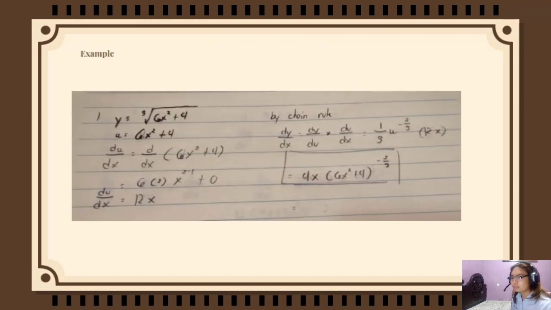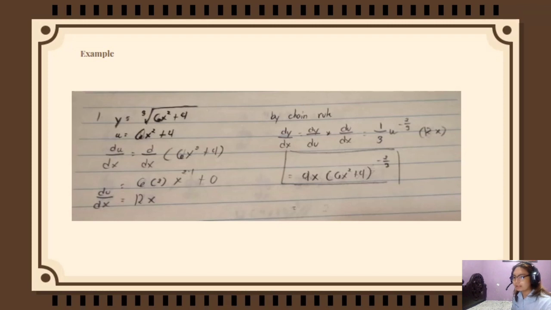Which step do we use for the chain rule here? We use step 1. y is equal to the cube root of 6x squared plus 4.